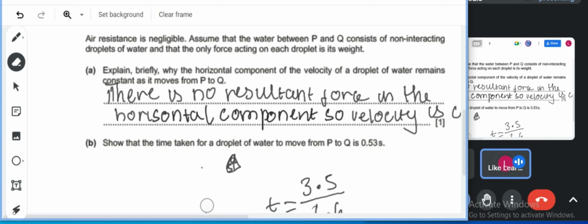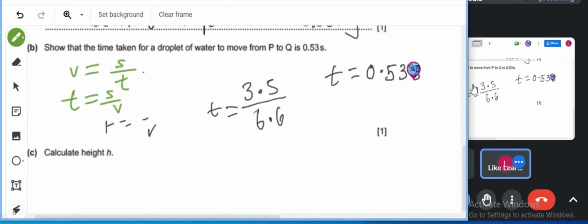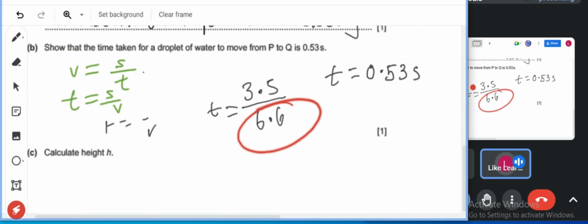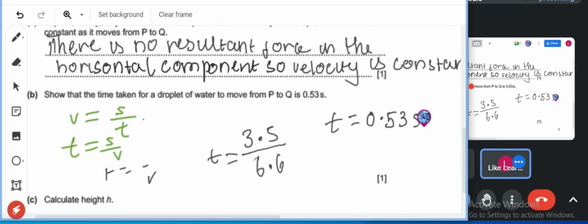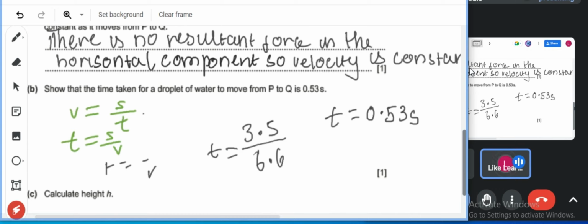Let me write your equation: V is equal to S over T, so T is equal to S over V. The distance is 3.5 and the speed is 6.6, so it's proven as given here. All right, next question.